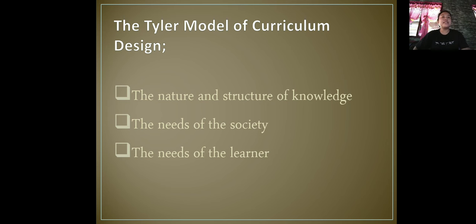Last is the needs of the learner. So, nga nang si Tyler model of curriculum is i-consider niya ang the needs of the learner. Siyempre, unang-unang niya gi-consider is kung unsa ang kailangan sa usa ka learner. So, kailangan ma-attain or ma-acquire sa usa ka learner ang iyahang mga learnings nga kinahanglan niya diha sa school.